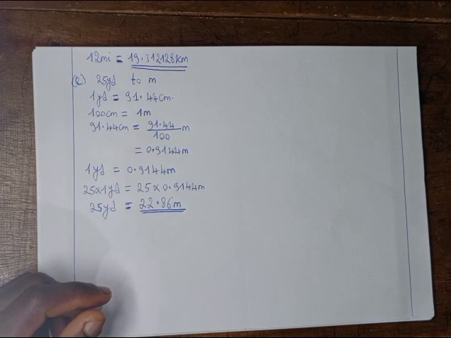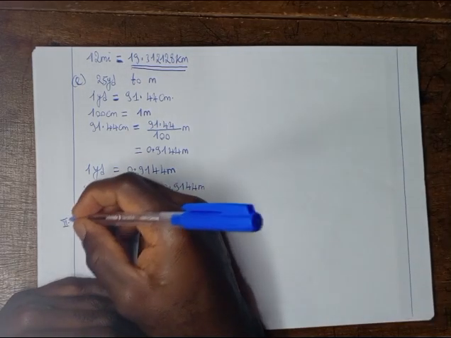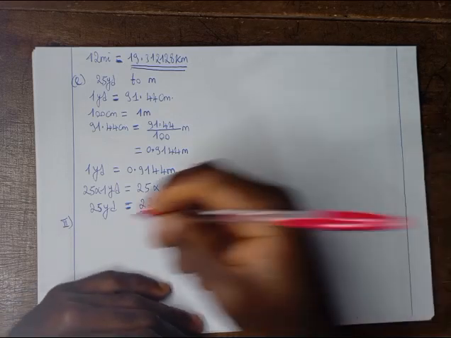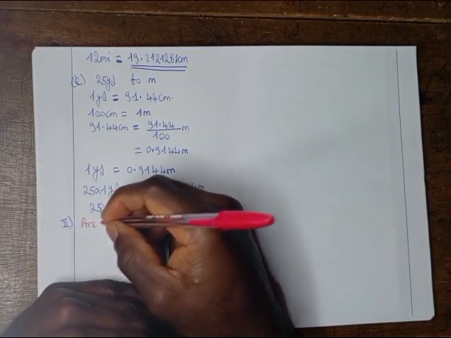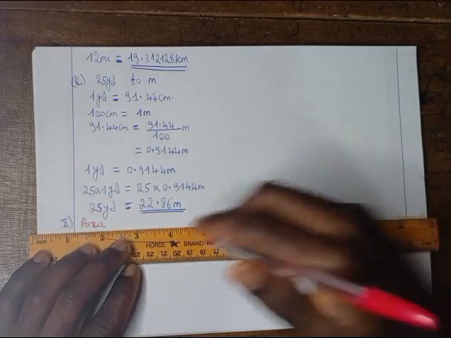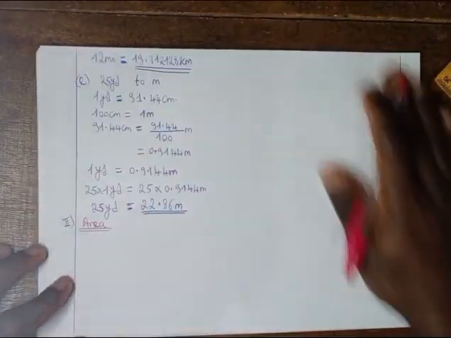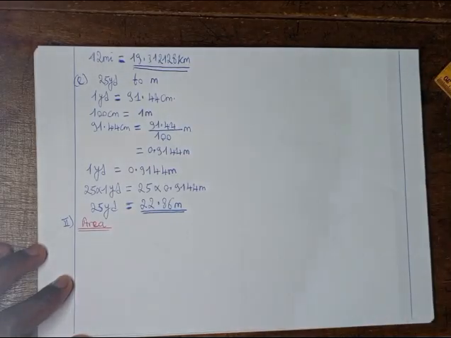Now we move to the next thing, which is area. For example, this is an area. It's a surface area.